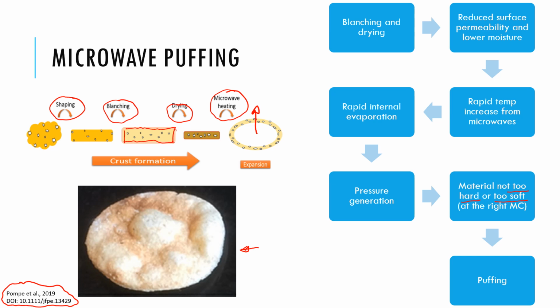This leads to higher pressure when the material is still soft, and that leads to expansion, and the simultaneous drying of the material and the change of the material to becoming more glassy sets the final shape. So again, you see the parallel between rice puffing and this one, that you're generating pressure faster than it can go out at a time when the material is soft. That's what leads to puffing.